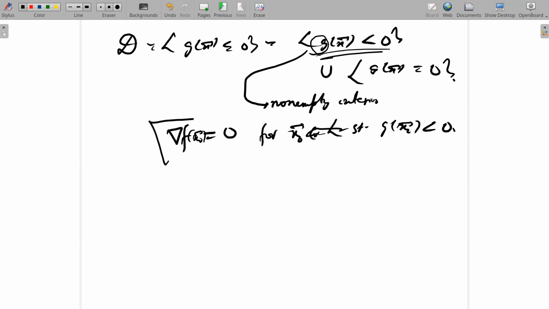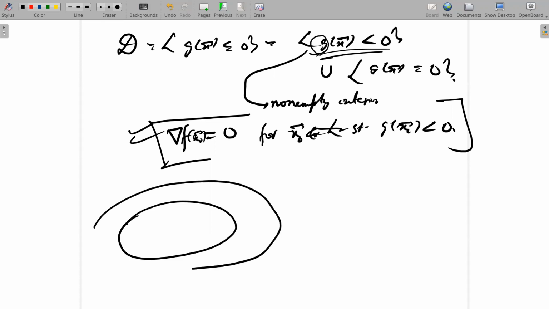So this is one set of conditions. You want the gradient of f to be equal to 0 if we are in the interior of the feasible set. So then you have a few candidates by looking at this unconstrained condition, gradient of f is 0. Now, if we focus on g of x equals 0, that is actually the crux of the matter here.